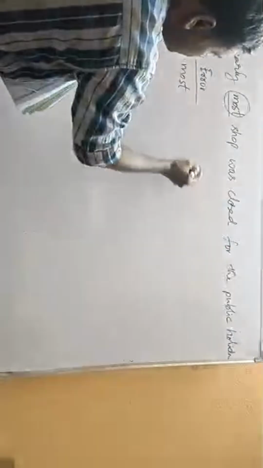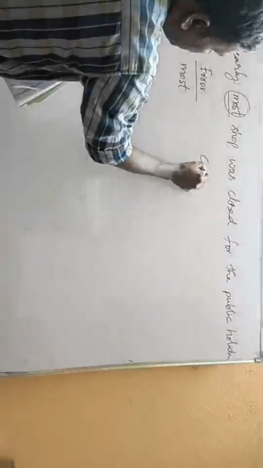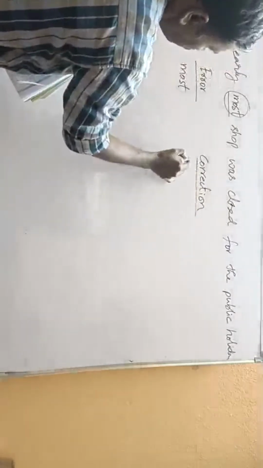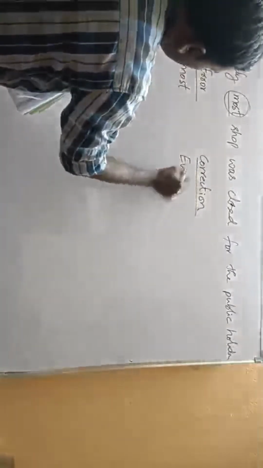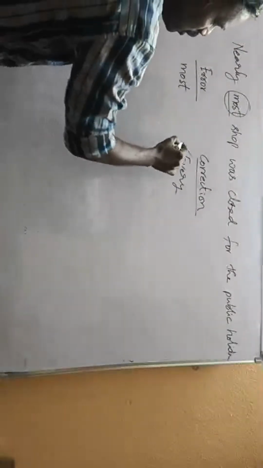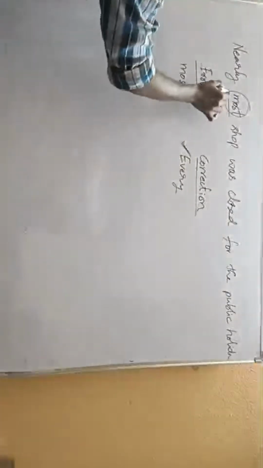So every shop is the correct answer. Correction is every shop was closed for the public holiday. That means this is a particular rule to close all the shops on holidays. So every shop we should maintain. Most, that means some shops are kept open.